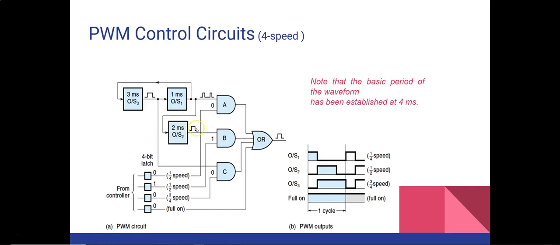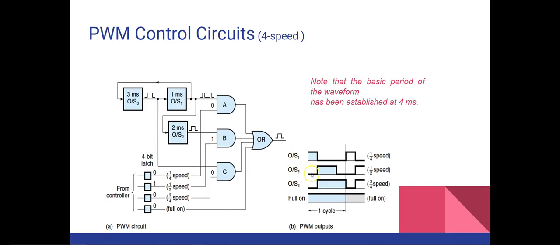Secondly, the 2 millisecond one shot OS2 here creates a 2 millisecond pulse and is triggered by the falling edge of OS1. So this is coming from here, it will trigger at the falling edge and produce a pulse of 2 milliseconds, and the output is going to be half of the 4 milliseconds, which you can see here.